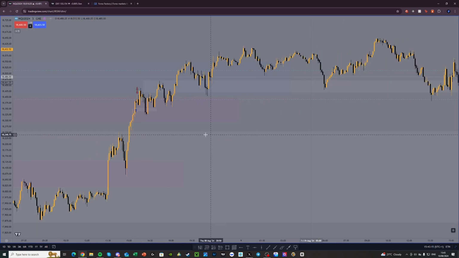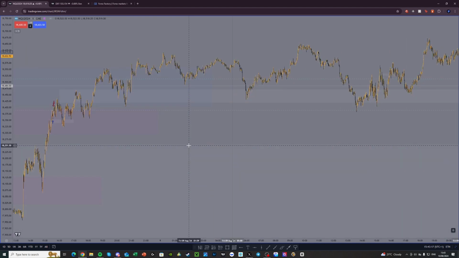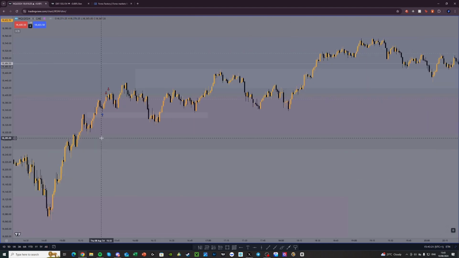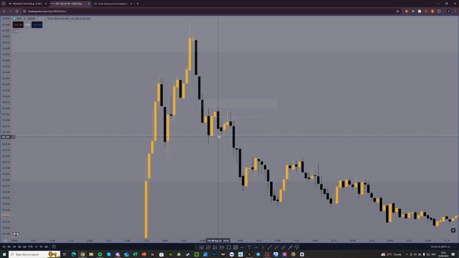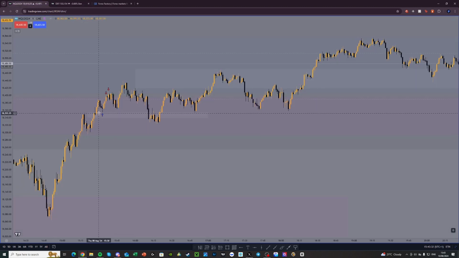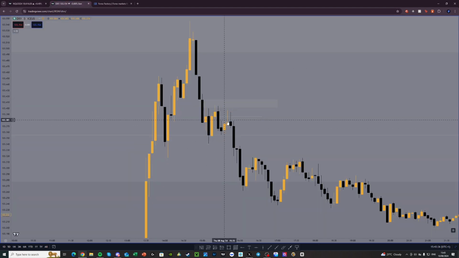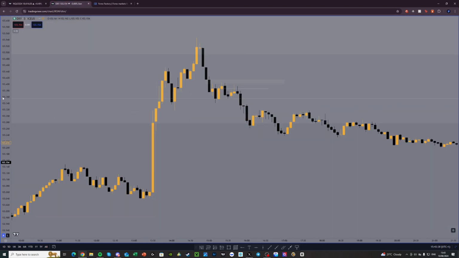My entry was at 333. So just after this candle closed, somewhere inside this candle rebalancing to here, I wanted to see bullishness from this. And obviously bullishness on Nasdaq is best coupled with bearishness from dollar.